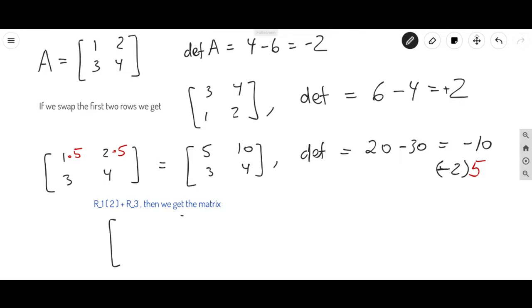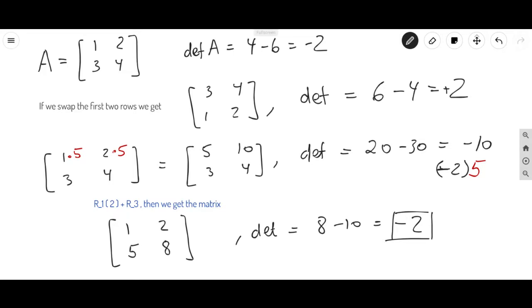The first row stays as 1, 2, and the second row becomes 2 plus 3, so this would be 5, and 4 added to 4, that would be 8. And if you take the determinant of this, you get 8 minus 10, which is negative 2. It's the same answer. Nothing changes here.